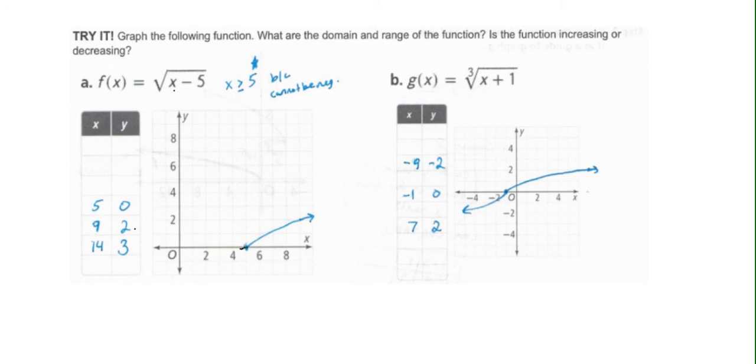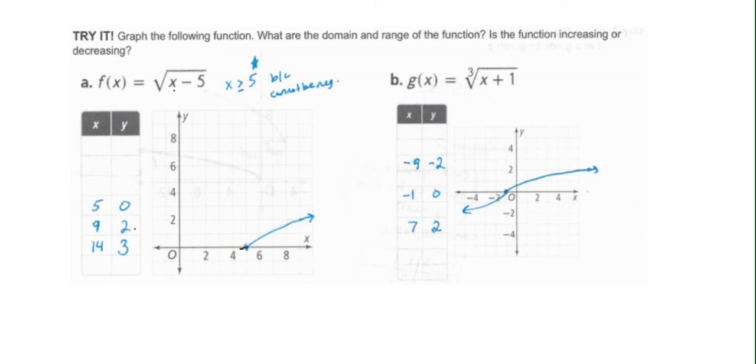And then I did 14, because 14 minus 5 is 9, and the square root of 9 is 3. Okay, so I just picked nice numbers. And then we'll find out in a little bit that we can actually graph these just using certain transformations.